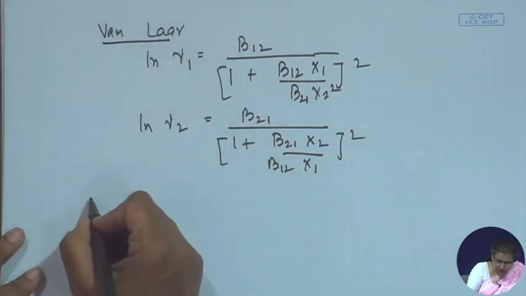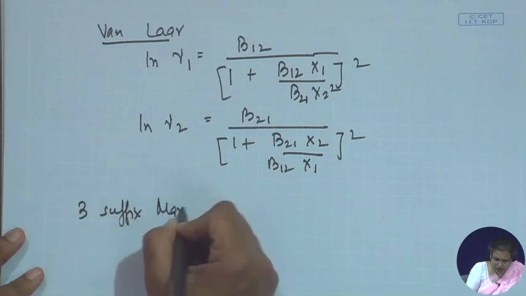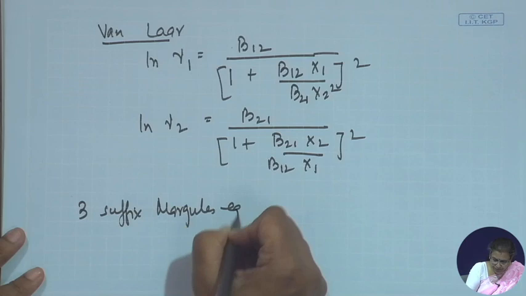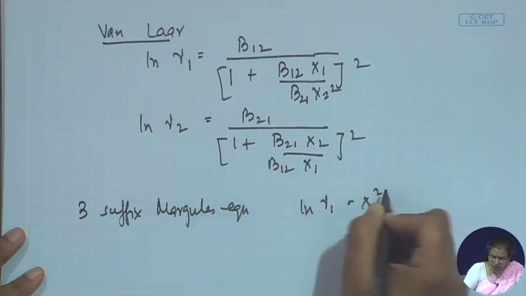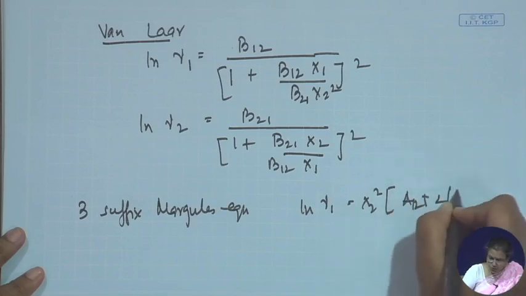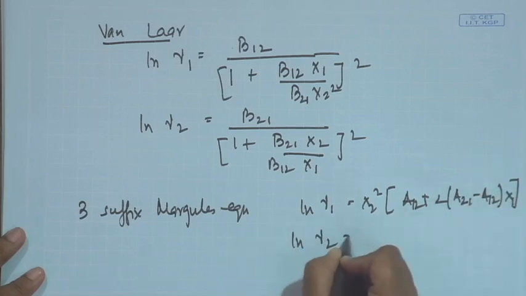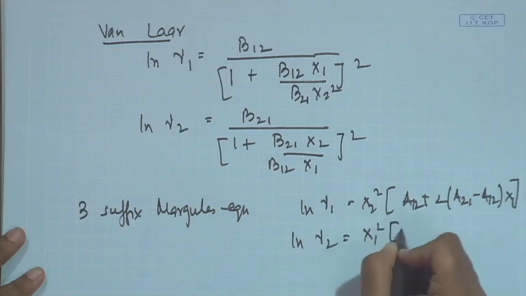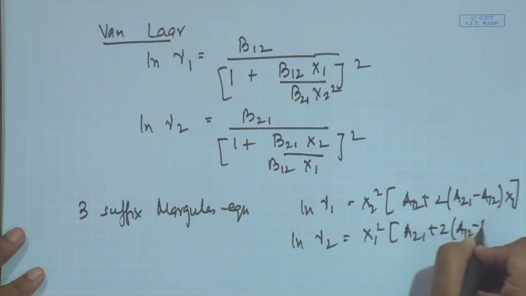Let me write the Margules equation. Ln gamma 1 equals x2 square into a12 plus 2 into a21 minus a12 into x1. Ln gamma 2 equals x1 square into a21 plus 2 into a12 minus a21 into x2, right.